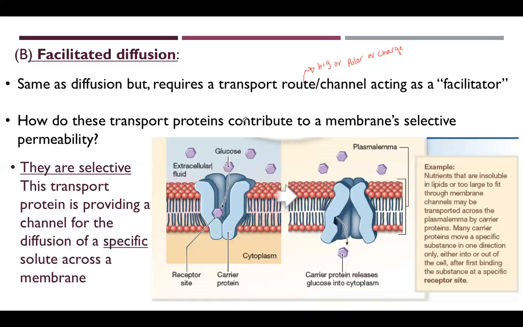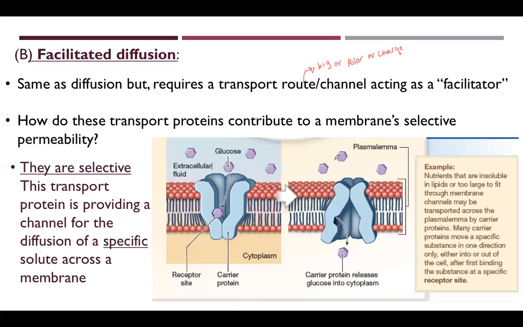How do these transport proteins contribute to a cell membrane's selective permeability? Remember, we said selective because it gets to choose which goes through it. So if we have these channels, the first time it was selective is because it would only allow non-polar small molecules in.